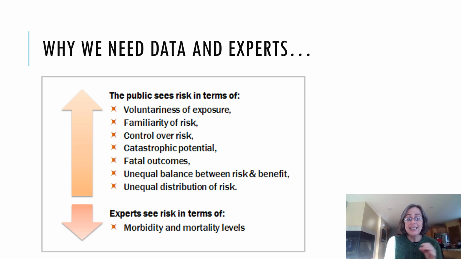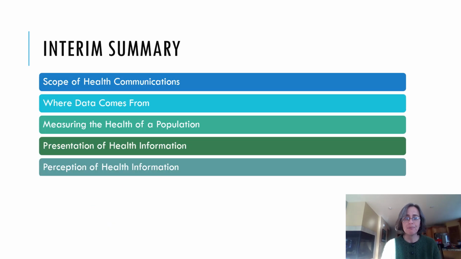So this is why we need data to tell us, because our internal sense is off, and experts who can look at that data and tell us, okay, in terms of morbidity and mortality, these are actually the things you need to worry about, not these other things, okay? So data is important. Experts who can interpret the data and help us understand it, super duper important.